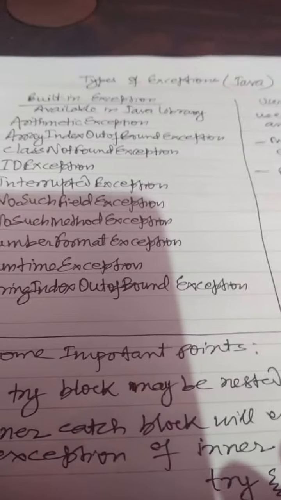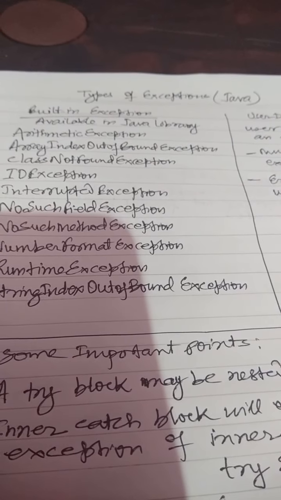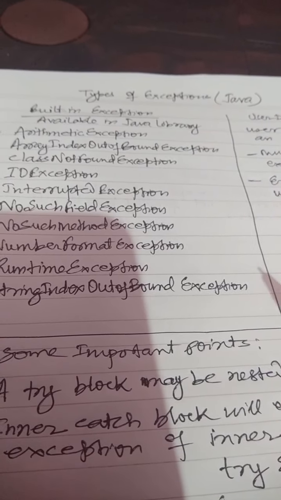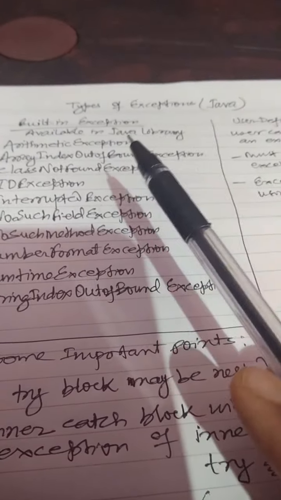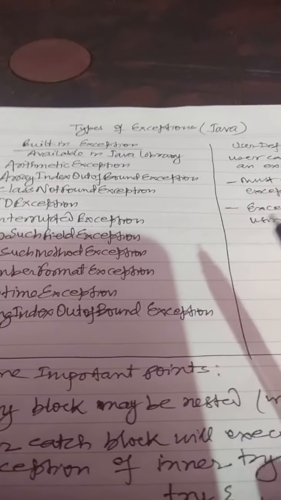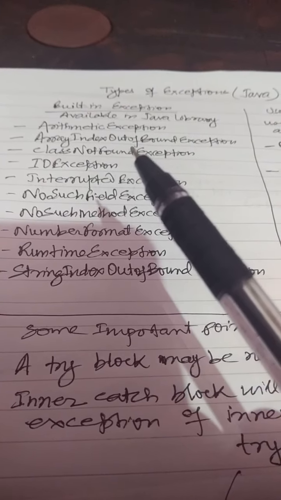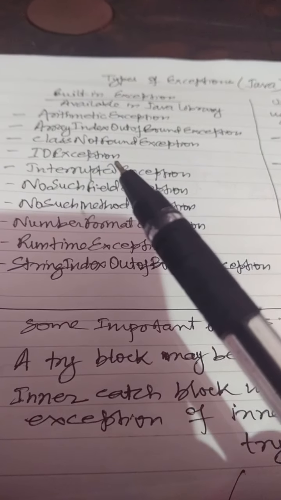Now, Java has a detailed concept of this exception handling mechanism. The types of exceptions can be classified in two groups: built-in exceptions or user-defined exceptions. User-defined exceptions will be the last topic of today's session. First, we will see examples of the built-in exceptions.